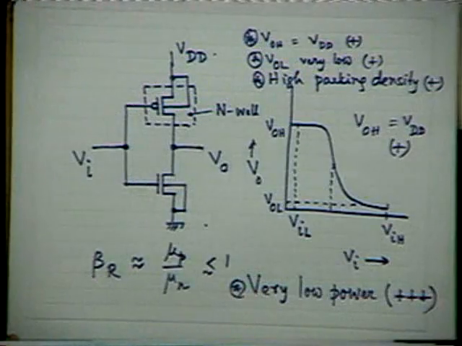Channel length. Whenever we speak of MOS technology, minimum feature size is the channel length. Okay? So 1 micron nMOS and 1 micron CMOS, if you compare, which one is better from the power dissipation point of view? CMOS. But from the speed or propagation delay point of view? nMOS, definitely. Because now there is an additional well.